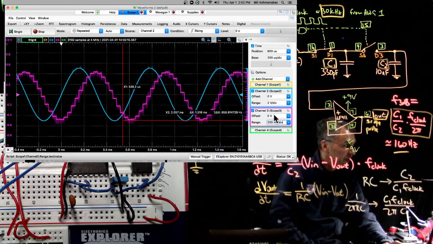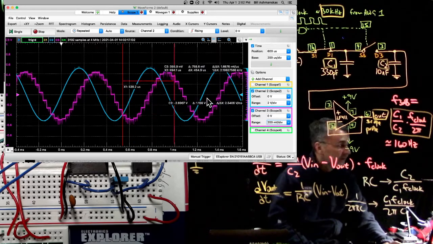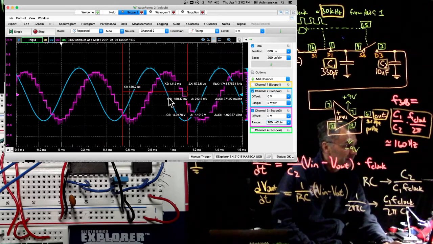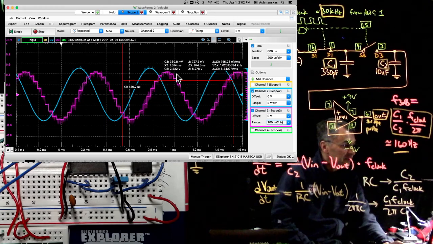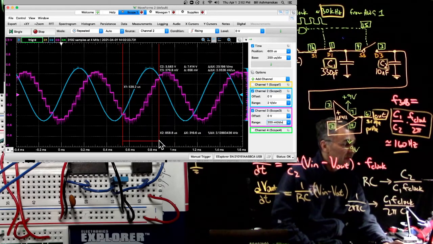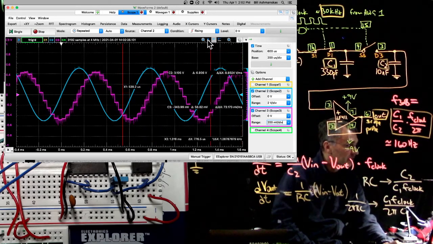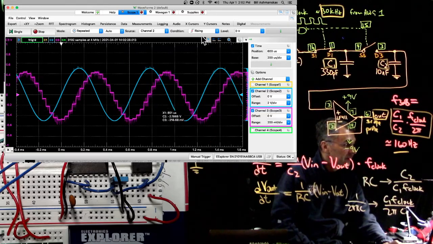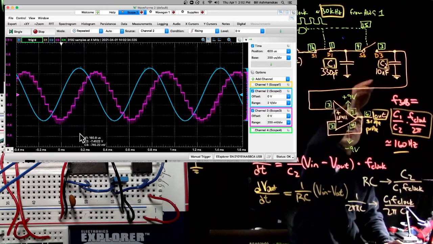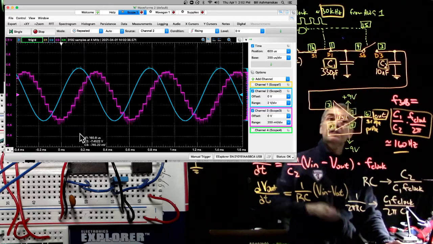You can also see that this is kind of a digitized output. That's kind of neat because you can see the graininess in the time dimension. So you can see that the output of this, what's this thing called?